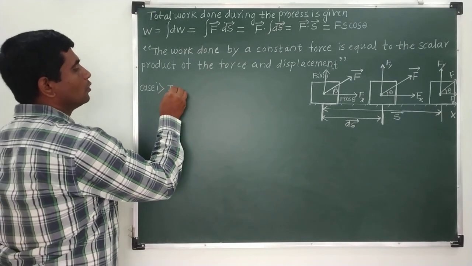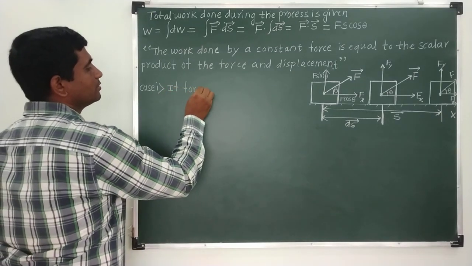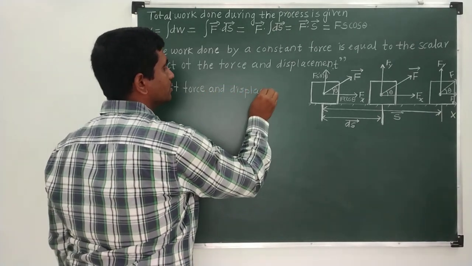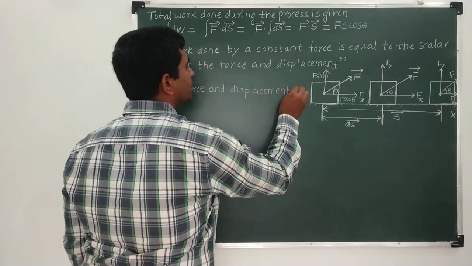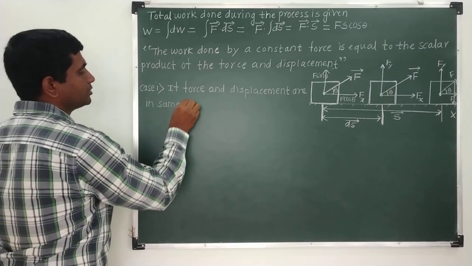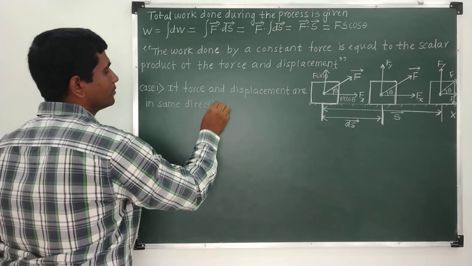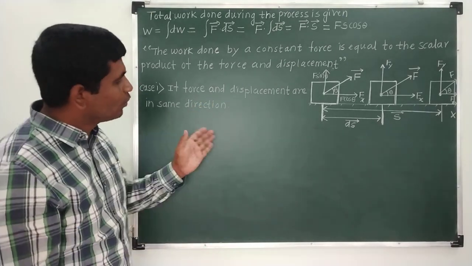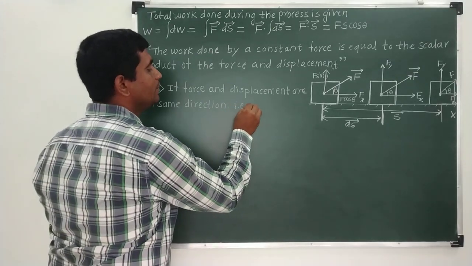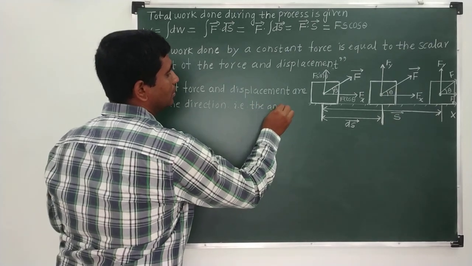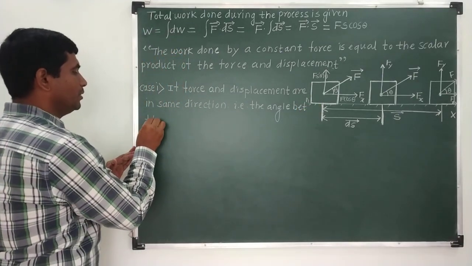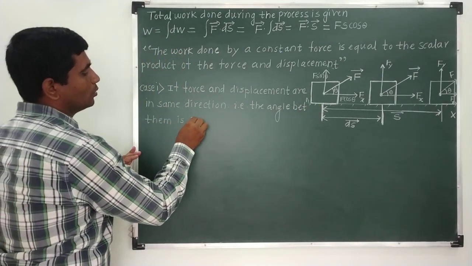So if force and displacement are in the same direction, the angle between them is 0.